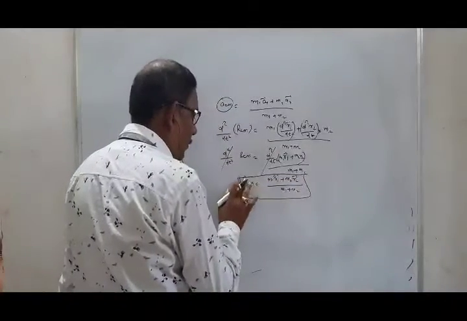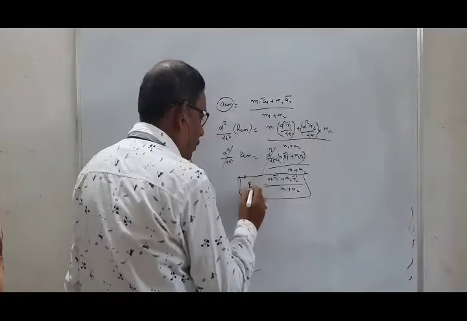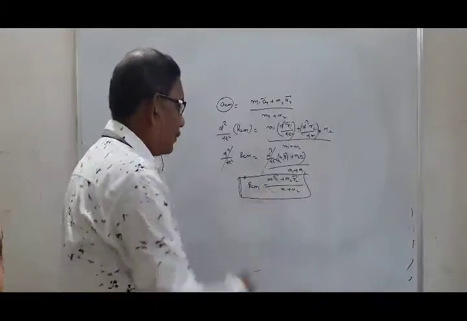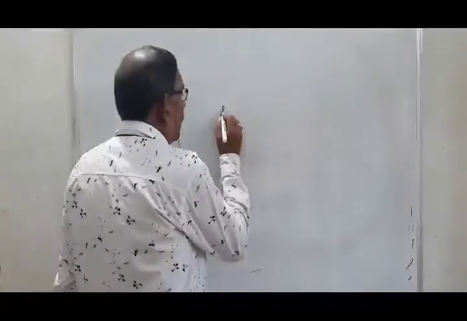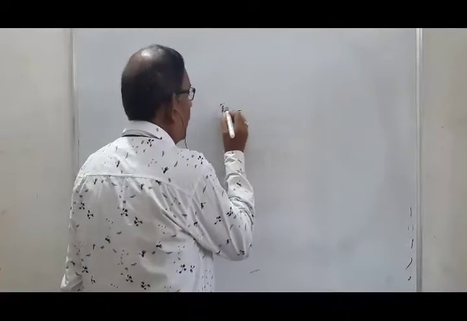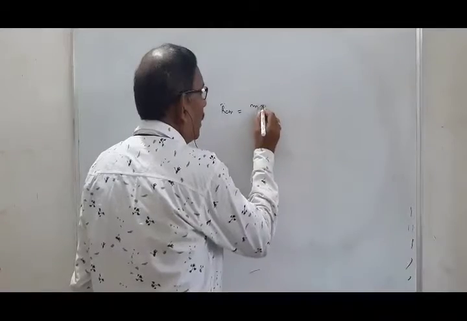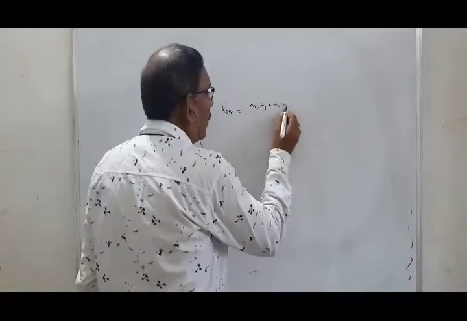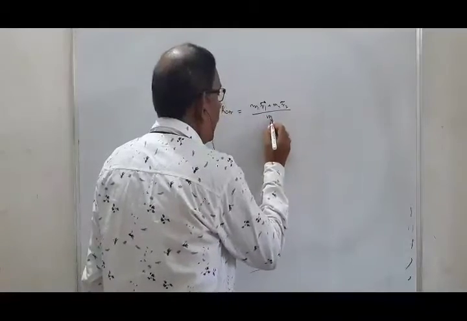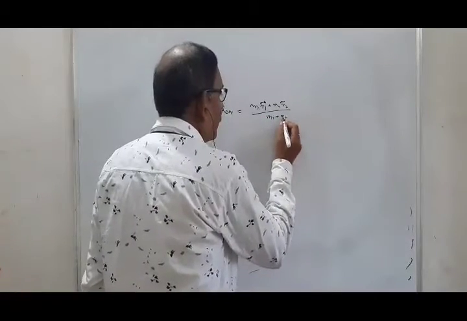This is the position vector of the center of mass. So here the position vector of the center of mass RCM is equal to M1 R1 plus M2 R2, this is in vector form, by M1 plus M2.